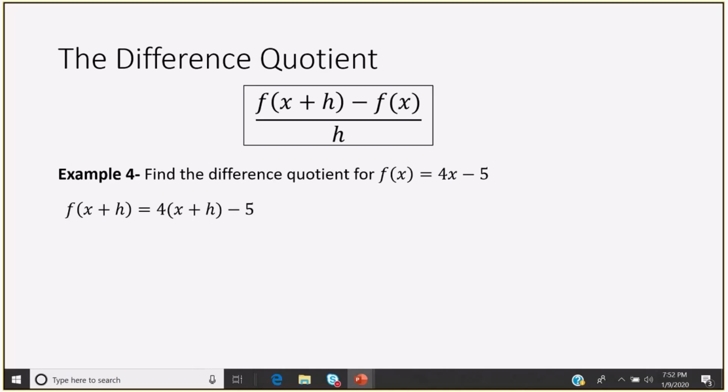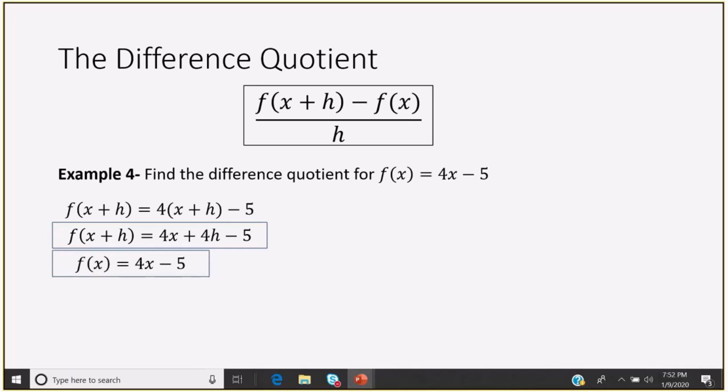And then once you've done that, then you have to do a little bit of simplification. And yeah, the simplification gets a little bit more complicated than this problem, but as far as the process goes, that's the idea. You take your function, you replace your x with x plus h, ideally in parentheses, and then you simplify. So that's my f of x plus h for this.